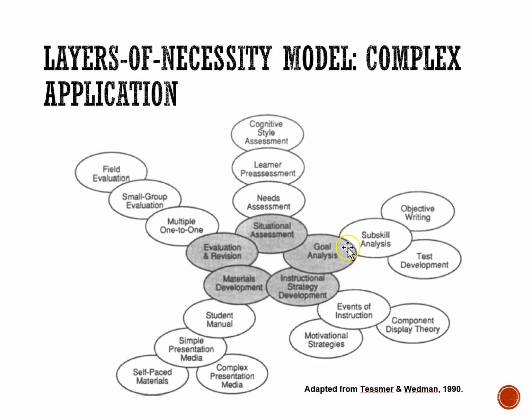If we had more time in the goal analysis task, we could then do a subordinate skills analysis. In instructional strategy development, we could look at Gagne's 9 events of instruction and develop some content for that. In materials development, we could develop a student manual. So as you go out, these represent some activities in additional layers that could be completed if you had more time and more resources. But the very essentials are right here in the center.